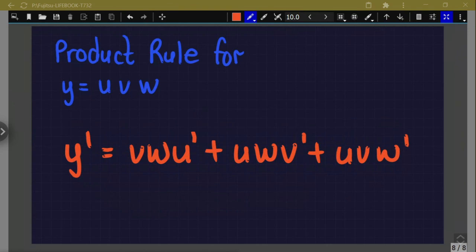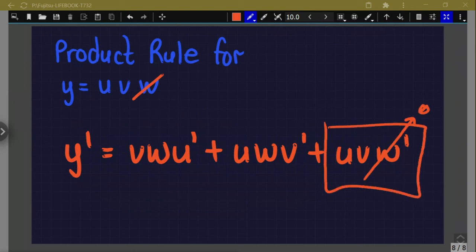Now that could also apply to two terms. When it's two terms, it's even easier, because if you do not have the w, you could think of w as 1. The derivative of a constant is 0, so that whole expression will simply go away.